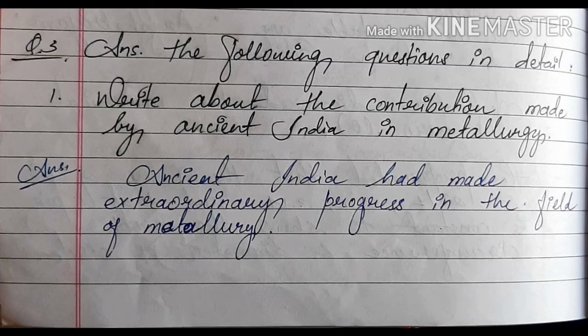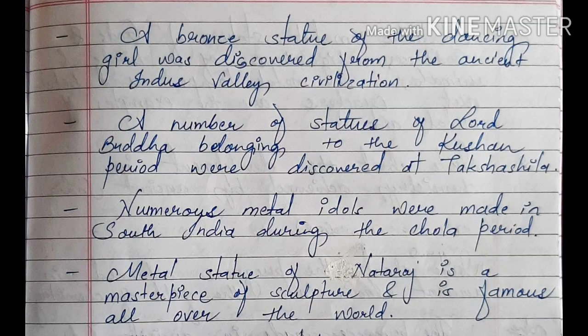Question number 3. Answer the following questions in detail, and the first one is write about the contribution made by ancient India in metallurgy. And the answer is ancient India had made extraordinary progress in the field of metallurgy. A bronze statue of the dancing girl was discovered from the ancient Indus Valley civilization.